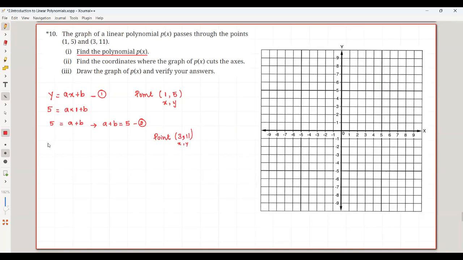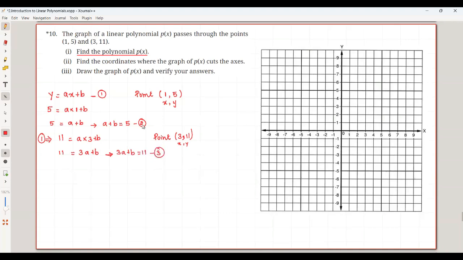From equation number 1, 11 is equal to a into 3 plus b. Simplify it: 11 is equal to 3a plus b. Interchanging and writing, you get 3a plus b is equal to 11. Now this is our third equation.